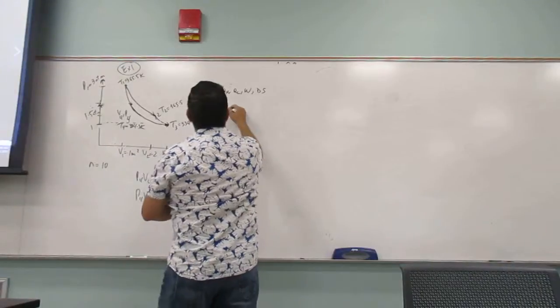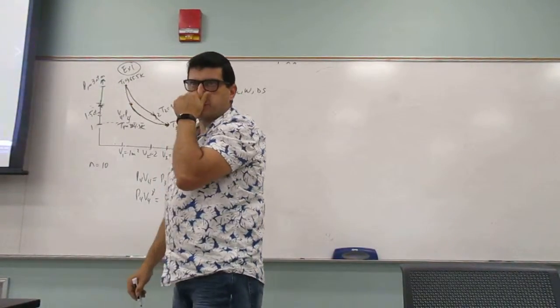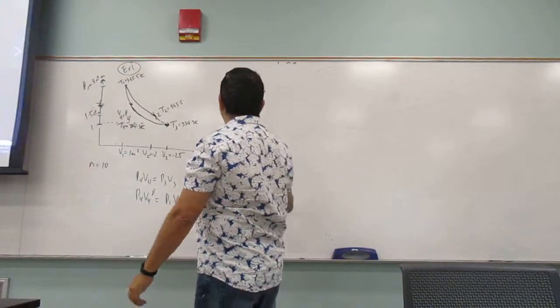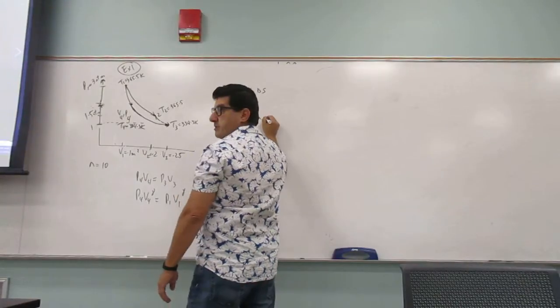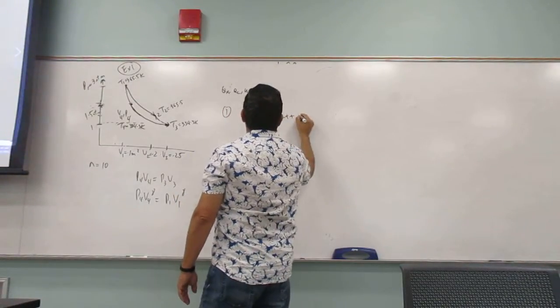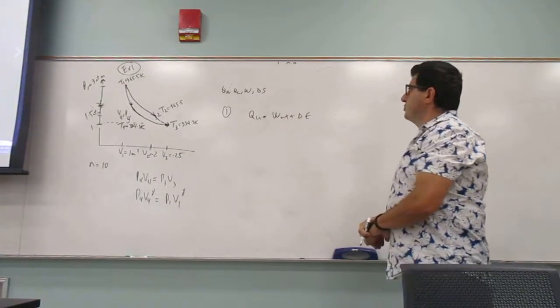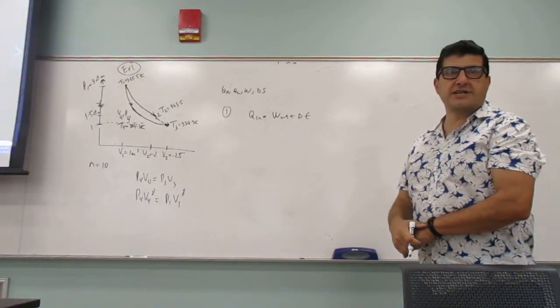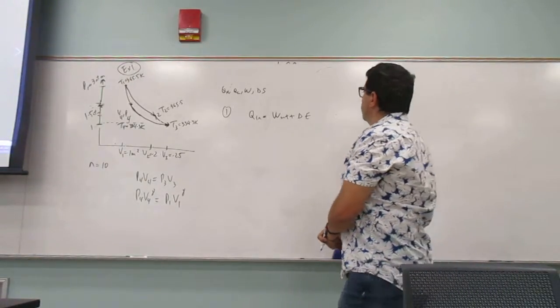So then, we can call this stage 1. It's a 4-stage engine, the Carnot engine. In stage 1, what do we have? Isothermal. Q into gas, remember the first law of thermodynamics? Q into gas is work out plus delta E, right? So then what's going to happen?